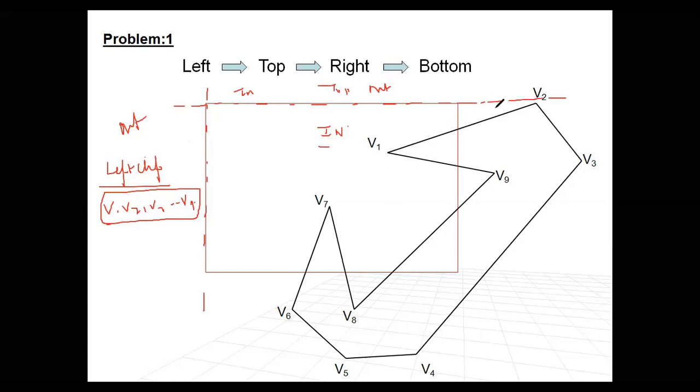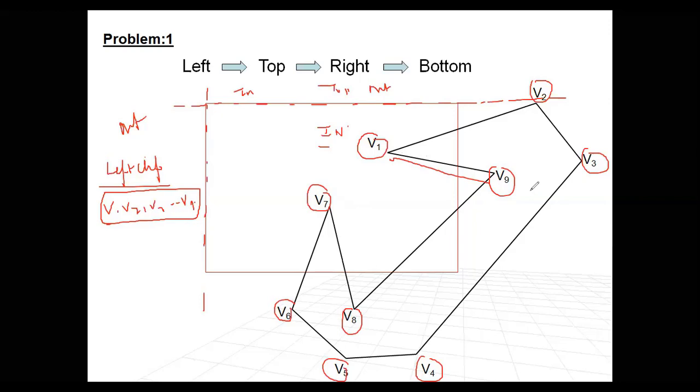So when we move from V1 to V2, V2 will be saved, V2 to V3, V3 will be saved, V3 to V4, V4 will be saved. This is done according to the rules. V4 to V5, V5 will be saved, V5 to V6, V6 will be saved, V6 to V7, V7 will be saved, V7 to V8, V8 will be saved, V8 to V9, V9 will be saved, and then we have moved to V1 and V1 will be saved.